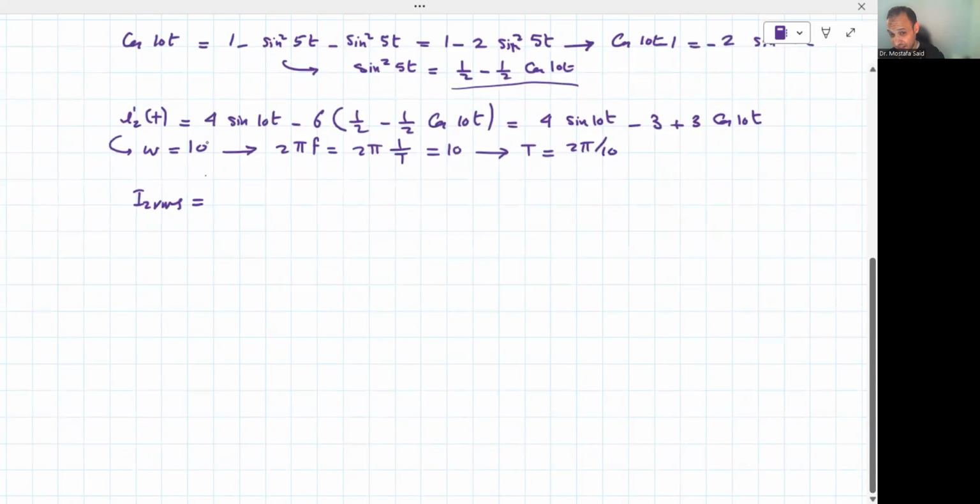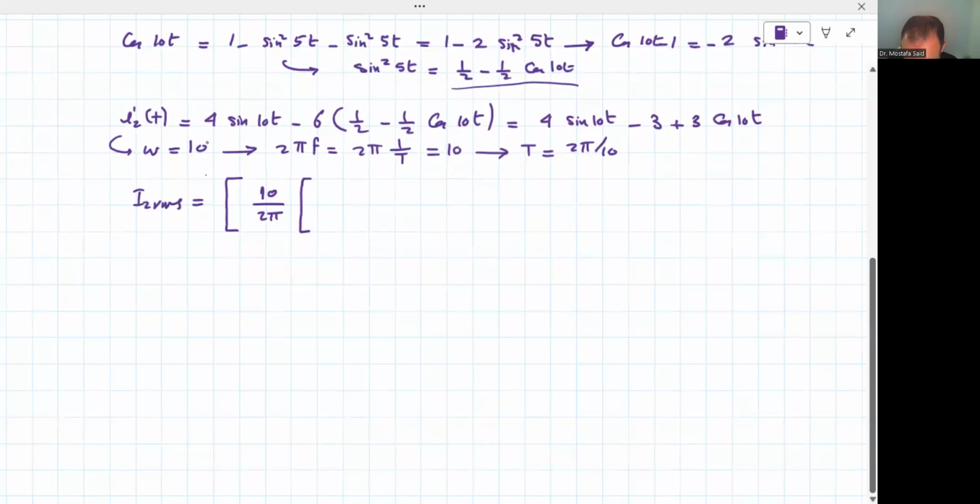I small 2 RMS. It's better to write it in capital because the real definition of the RMS value is that it's the equivalent DC current that will produce the same effect, basically the same power, as that AC signal. Anyways, you can write it however you like. Equal to the big bracket 1 over T, 1 over 2 pi over 10, which is 10 over 2 pi.